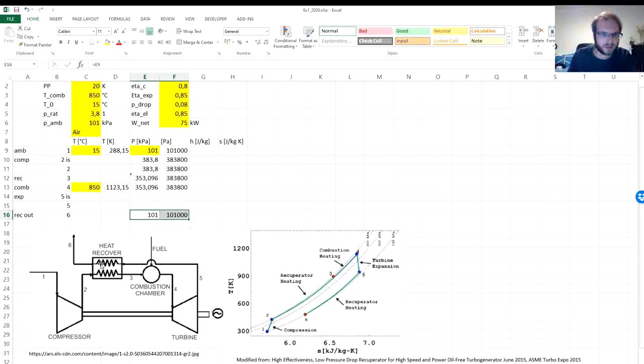And then the pressure at point 5 will need to be higher, and the pressure at point 5 multiplied by 1 minus the pressure drop will be the pressure at point 6. So that means that the pressure at point 5 will be the pressure at point 6 divided by 1 minus the pressure drop.